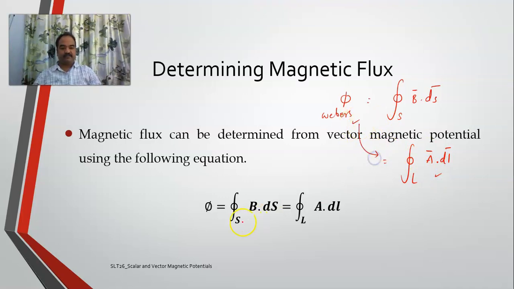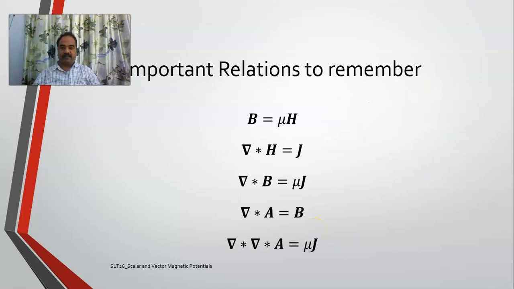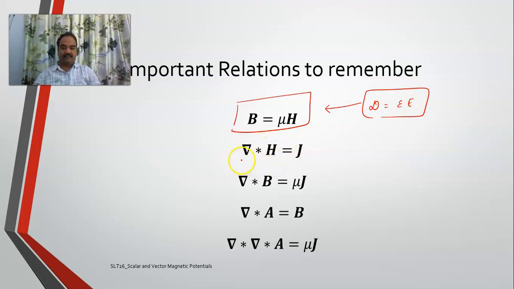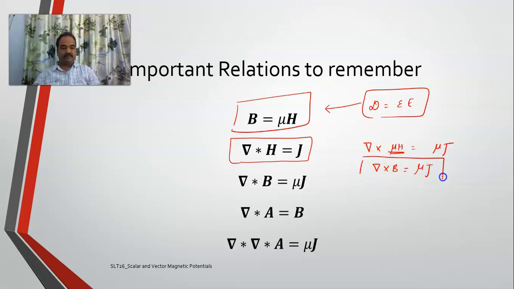A few more things to remember in magnetic potentials. You know the basic expression B is equal to mu H. It is very similar to electric fields. And we have already seen in previous classes that del cross H is equal to J. If I apply mu on both sides, this is mu H, this is mu J, and you know this is B. So del cross B is equal to mu J. This is the expression.